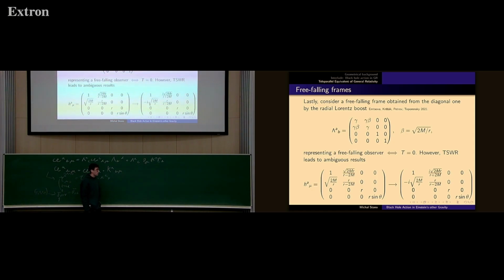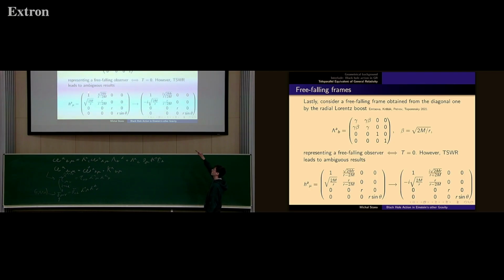In this way, we may view these free-falling tetrads as free-falling observers, and therefore we naturally think that also the torsion scalar will turn out to vanish, because locally free-falling observers should not see any gravitational effects. However, just like in the case of canonical frame, simply undergoing the tangent space Wick rotation doesn't lead to consistent results.